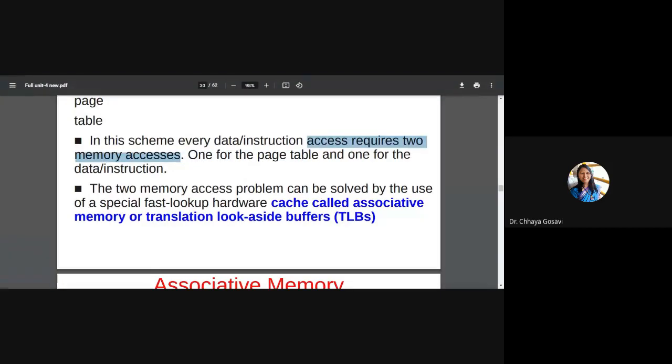To reduce this two-memory-access problem, the operating system can add high speed, fast lookup hardware, which is called cache memory, also called associative memory or translation look-aside buffers, which stores the frequently referred pages. So there is no need to go to the page table and read the frame number. The frame number of the frequently referred pages is stored directly in the TLB, so you need only one memory access.